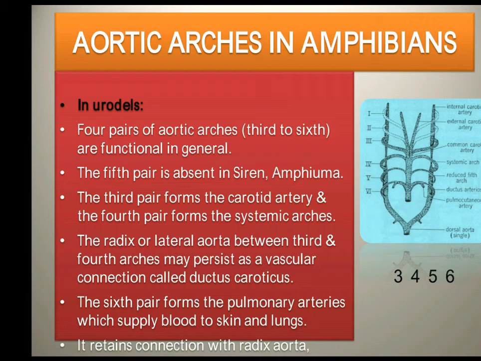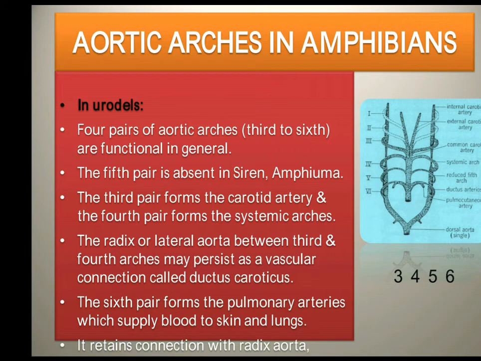So these are the 2 ducts which are present over here, and you will be seeing that these 2 ducts will be diminished in the coming animals. So first is this duct in between third and fourth, the ductus caroticus, and in between the sixth arch and the dorsal aorta, the ductus arteriosus.